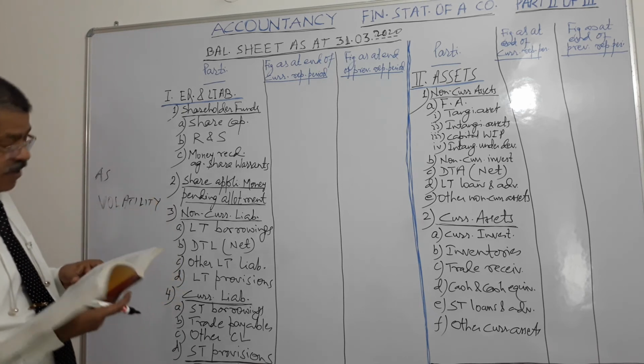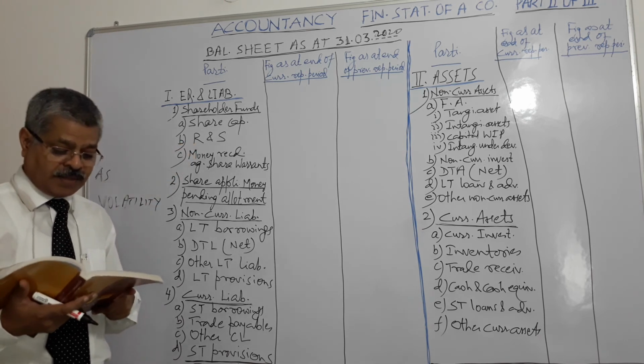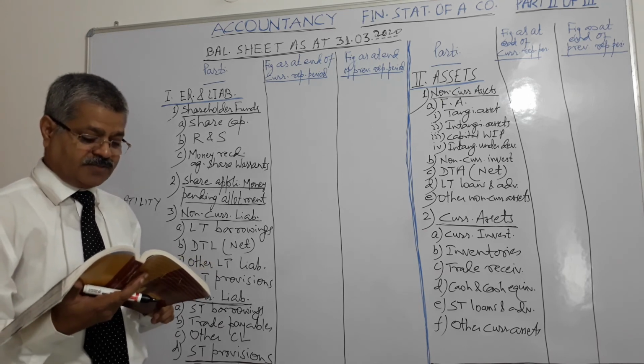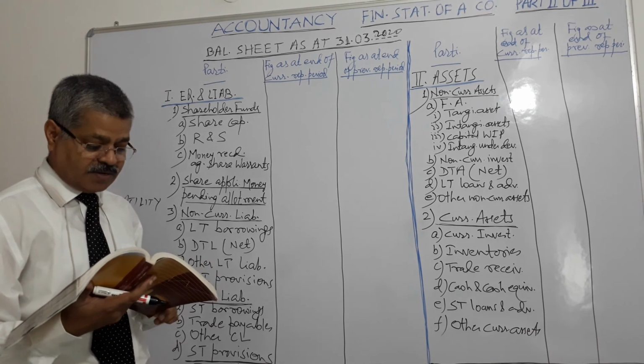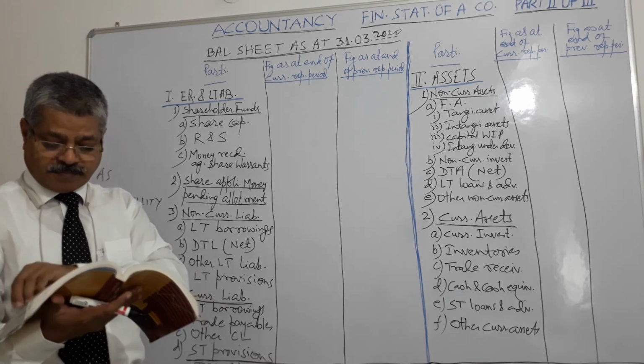So these are the 7 major things which come under reserves and surplus: capital reserve, capital redemption reserve, security premium reserve, debenture redemption reserve, revaluation reserve, share options outstanding account, right?